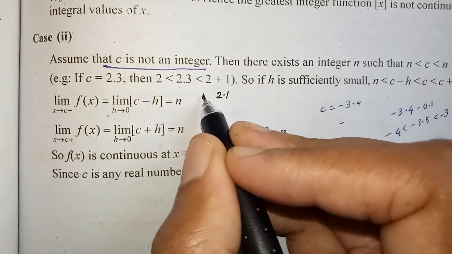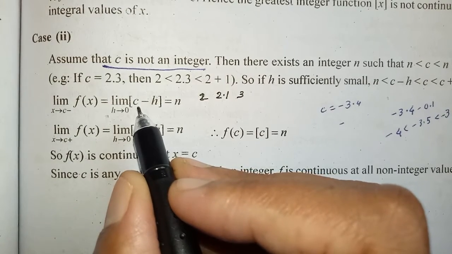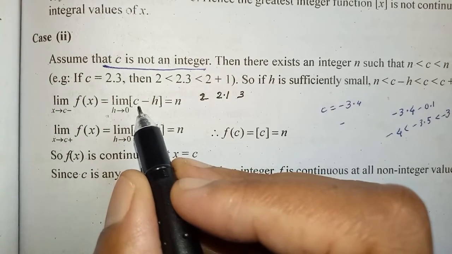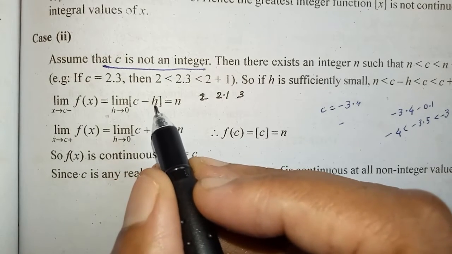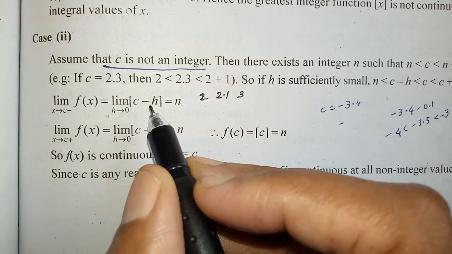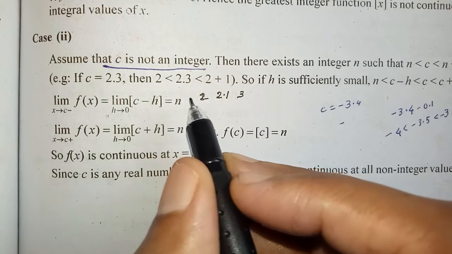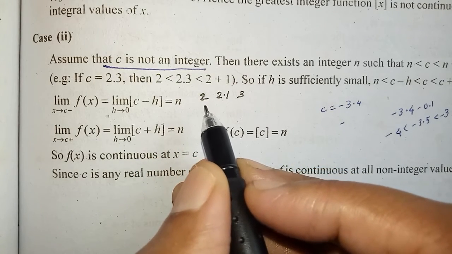So 2.1 will be between 2 and 3, no, children? Now 2.1 minus 0.1 is 2. Let me take 2 minus 0.1, how much is it? 1.9, right? The greatest integer less than or equal to 1.9 is 1, and for values just around 2.1 the greatest integer less than or equal to x is 2. That is nothing but my n. Yes or no?